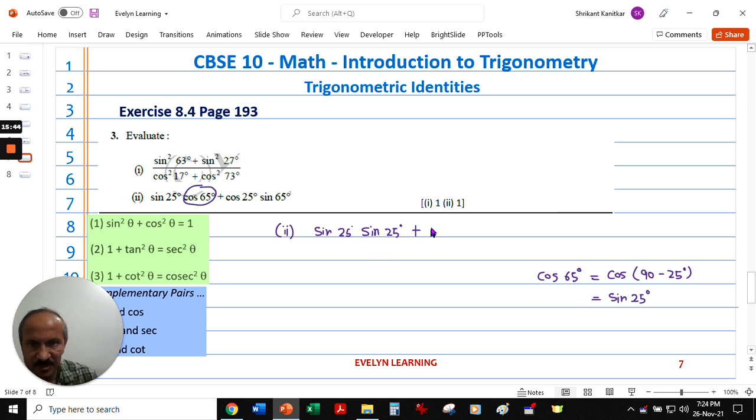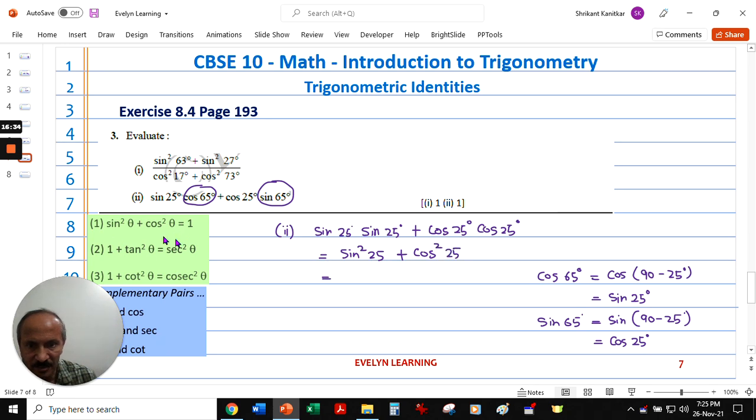I just wrote 27 as 90 minus 63, complementary. And sine of 90 minus theta is nothing but cos theta, which here becomes cos 63 degrees. So sin 27 degrees is the same as cos 63 degrees. So here this sin square 27 can be replaced with cos square 63.